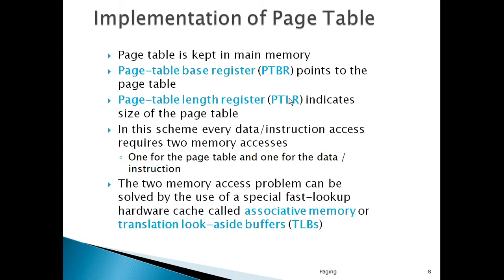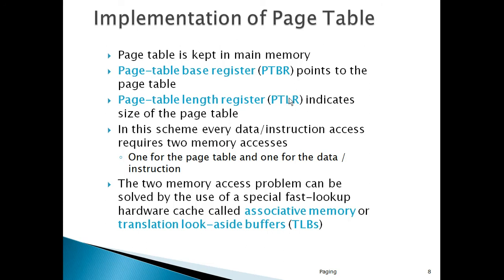Now in this scheme, the problem with the approach is the time required to access a user memory location. If we want to access a location I, we must first index into the page table using the value in the PTBR offset by the page number for I. This task requires a memory access.